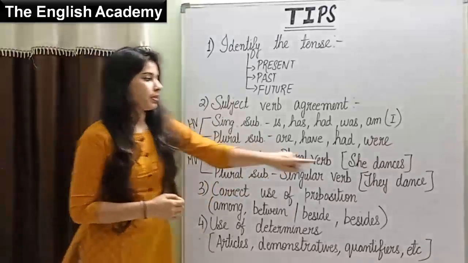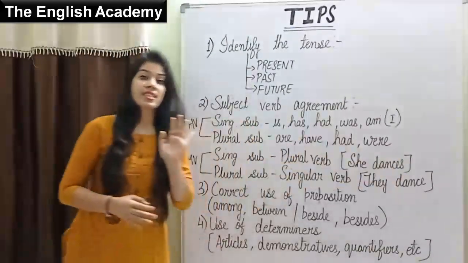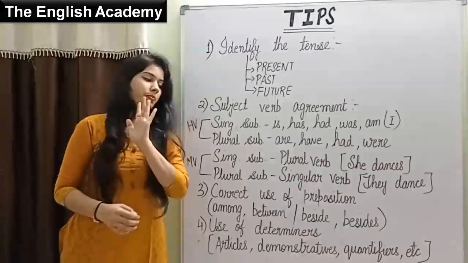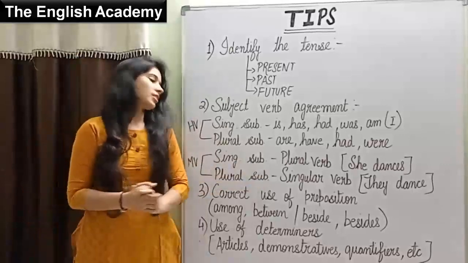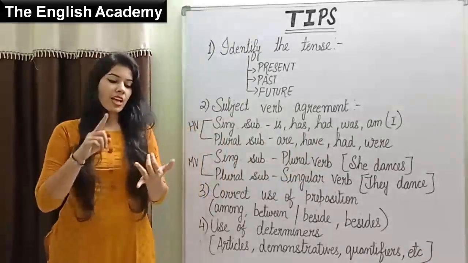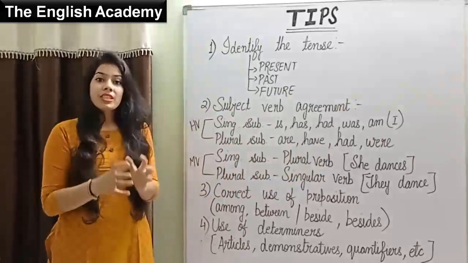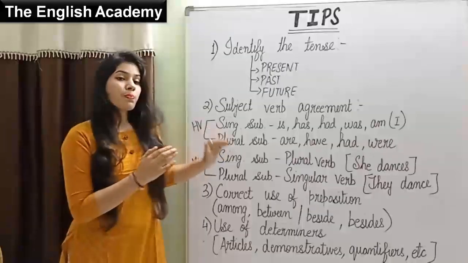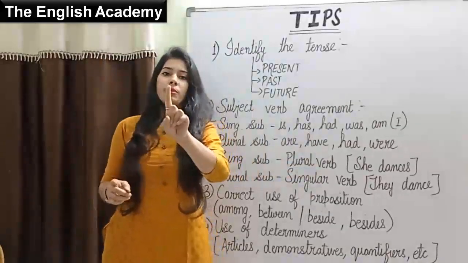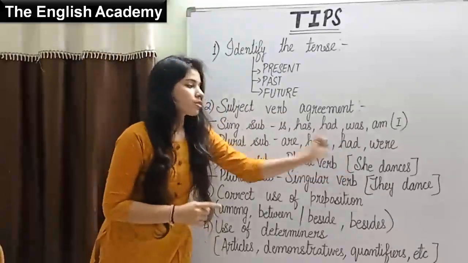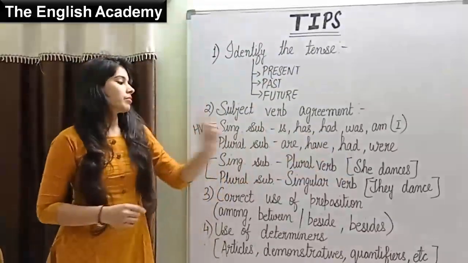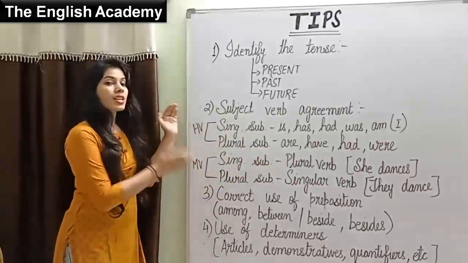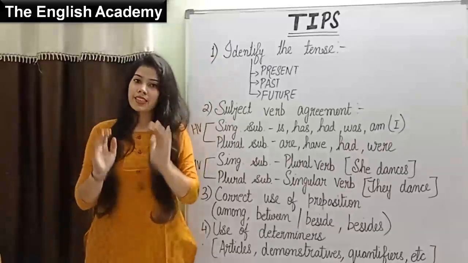Example, she dances, es. And with a plural subject we put a singular verb. Plural subject means they, we, and any two names like Rohan and Sheena. They dance. You can see she is one, dances, plural. They, plural, dance, singular.